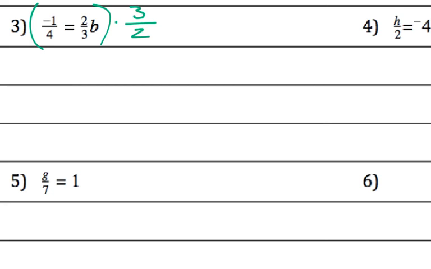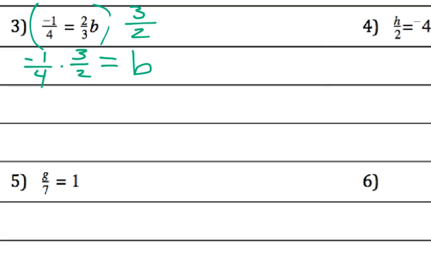Now that means that on the left side I have negative 1/4 times 3 over 2, because I have to multiply the left by the same value, and that's going to be equal to 2/3 times 3/2, which becomes 1, so I only have b on the right side. I'm looking, and can I cancel anything out with 3?